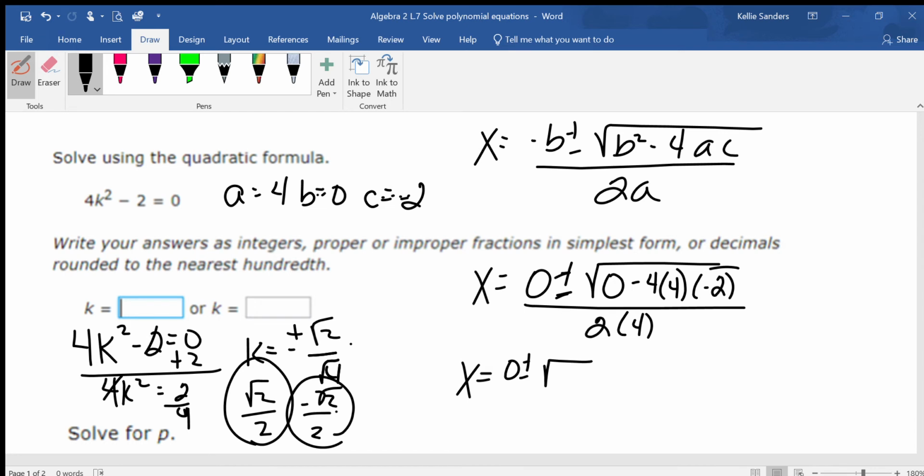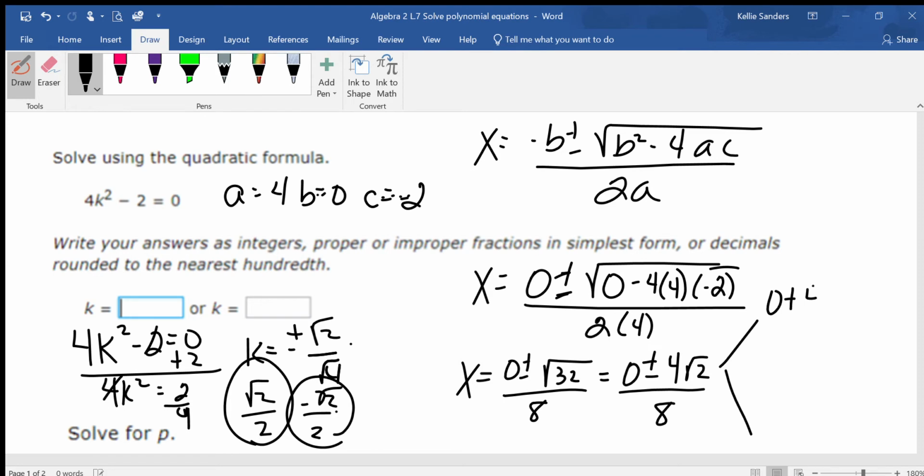negative 8, positive 32. If you put the square root of 32 in the calculator, I'm thinking 4 square root of 2 all over 8. So this is 0 plus 4 square root of 2 all over 8, and 0 minus 4 square root of 2 all over 8.